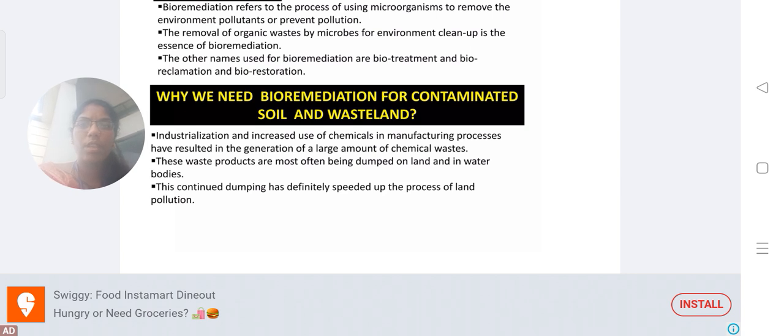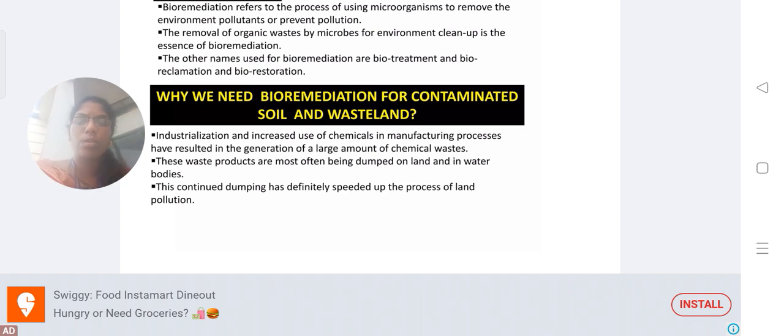Every day, increasing industrialization and increased use of chemicals in manufacturing processes have resulted in the generation of a large amount of chemical waste. These waste products are most often dumped on the land and in water bodies, so that the water gets contaminated and has hazardous effects on people and the population.